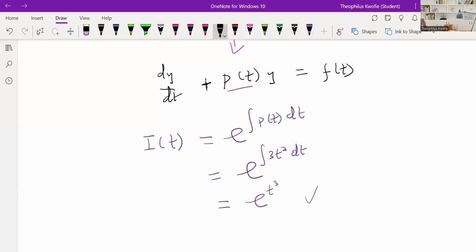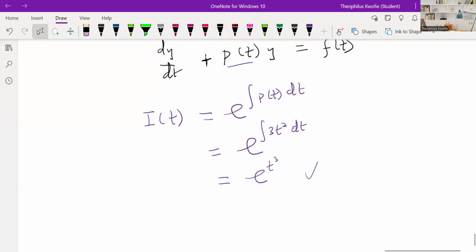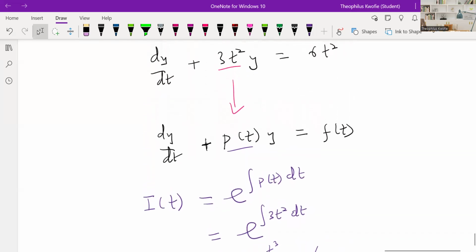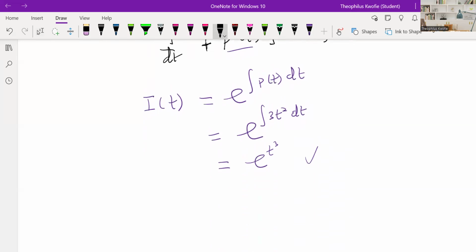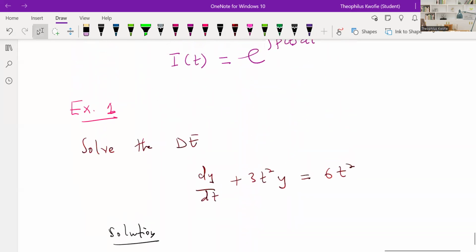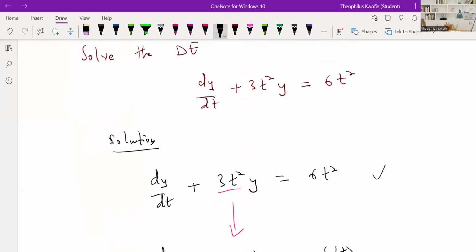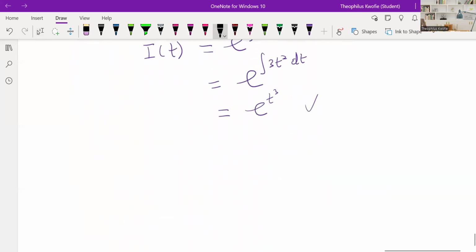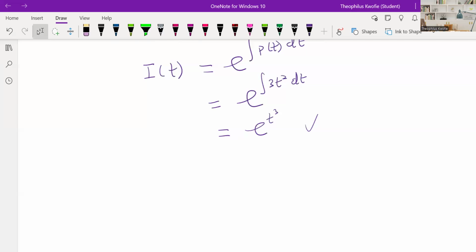But how do we use this integrating factor to solve the problem? What we are going to do is multiply both sides of the differential equation by such integrating factor, then continue from there. So the integrating factor is this one.